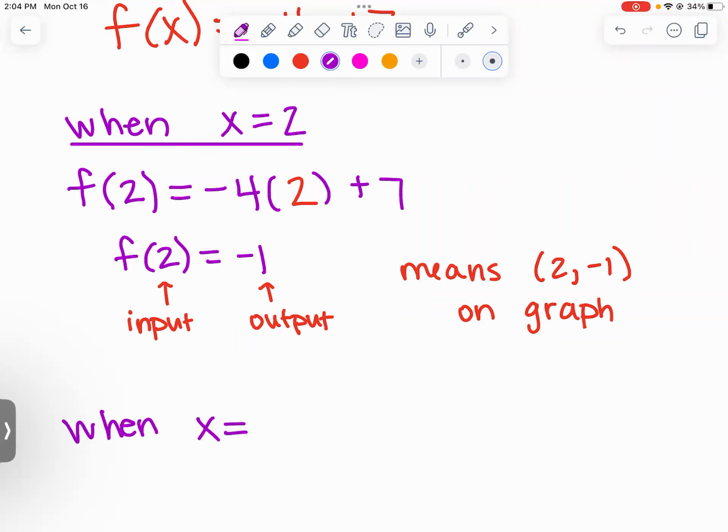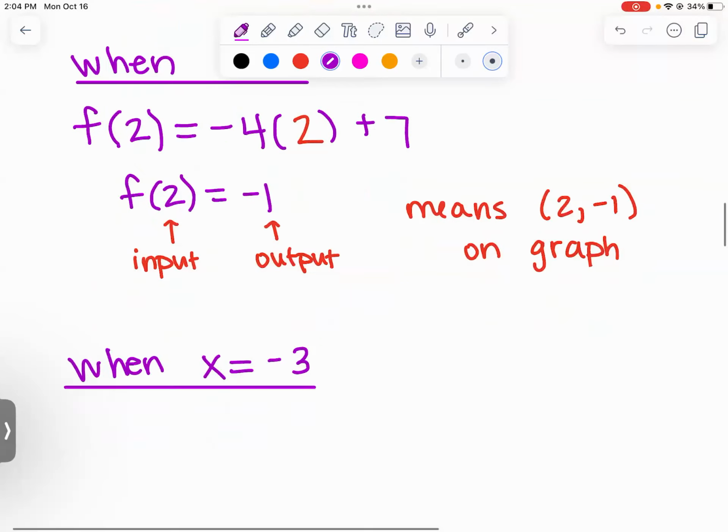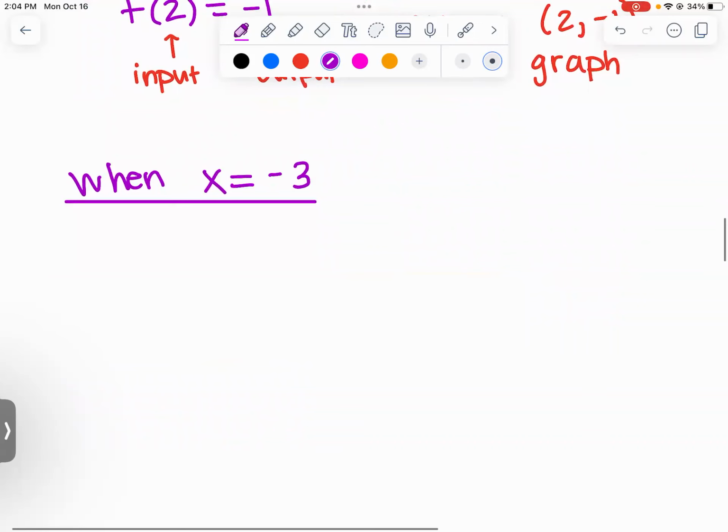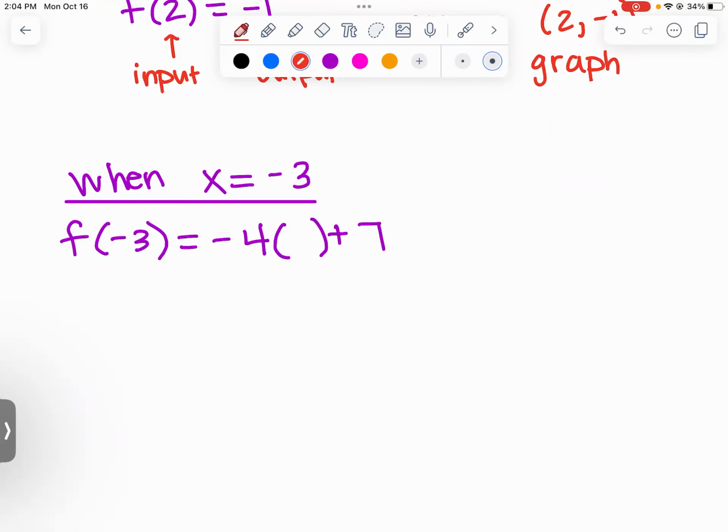Guess what we're going to talk about next. Okay, so f of negative 3. Well, we know f of x is negative 4x plus 7. But instead of x, what do we have right here? We have negative 3.